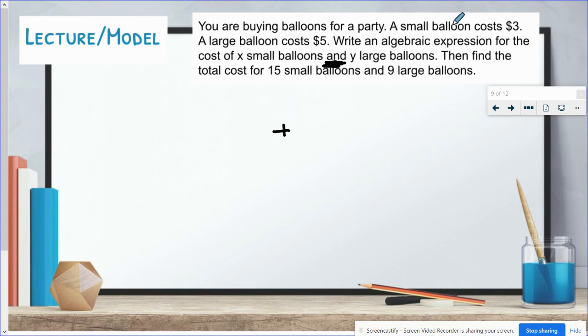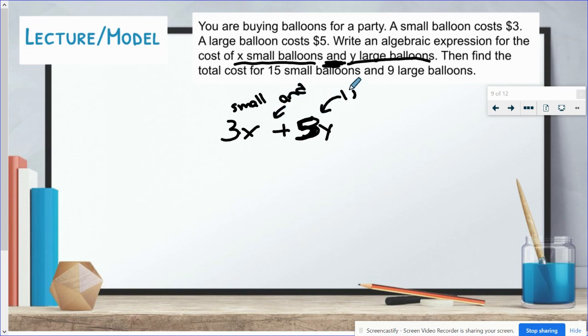A small balloon is $3, and we're representing that with x. So the small balloons would be 3 times x. The large balloons are $5, and we want to represent that with y. So we're going to add 5 times y. So our expression would be the small balloons and the large balloons together, 3x plus 5y.